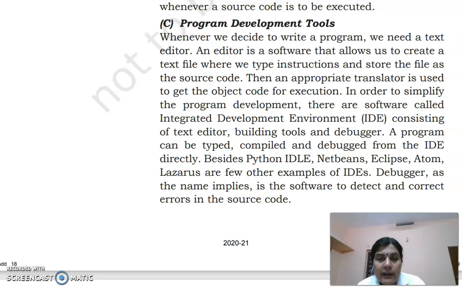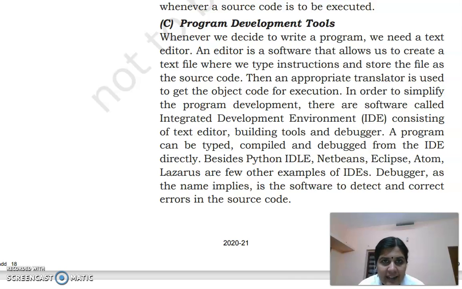Then, among program development tools, there are many IDEs. IDE means integrated development environment, used to develop programs. When we use an IDE, the program can be typed, compiled and executed or debugged in the IDE itself. There are NetBeans and Eclipse, which are external IDEs, not supplied by the programming language.